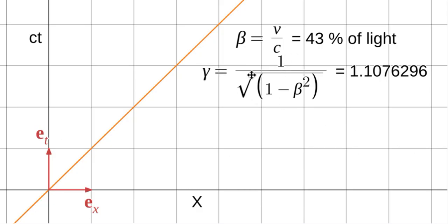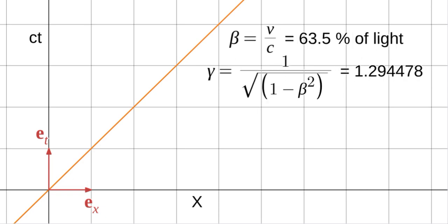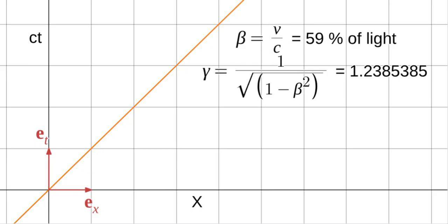It is 1 divided by the square root of 1 minus beta squared. This is called the gamma factor. As I increase the speed, you see that the gamma factor increases. I reduce the speed and it decreases. So let's set the speed to a nice number like 50%.